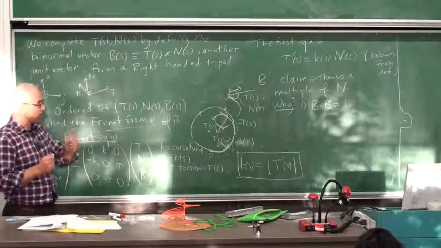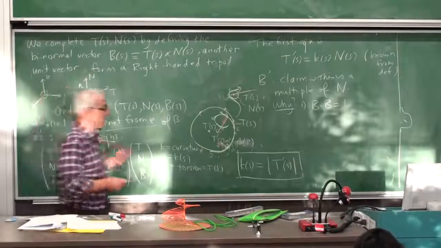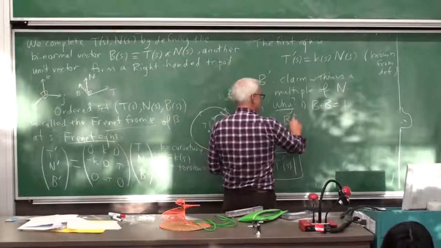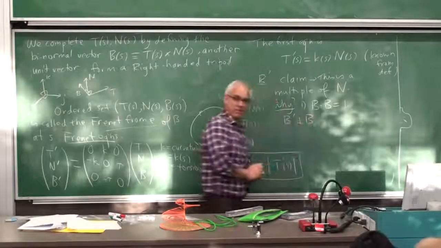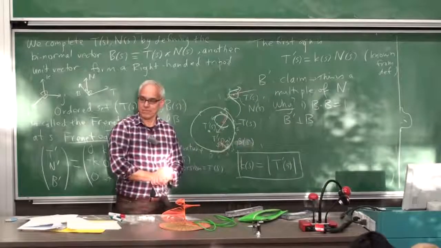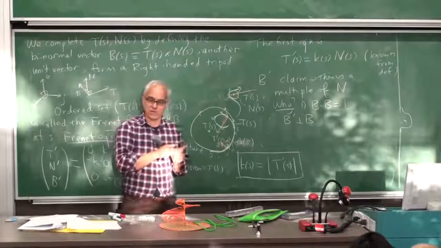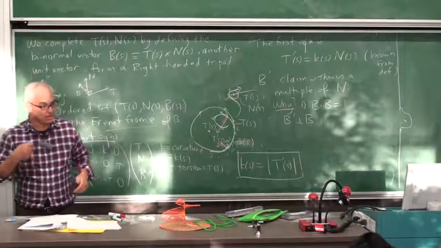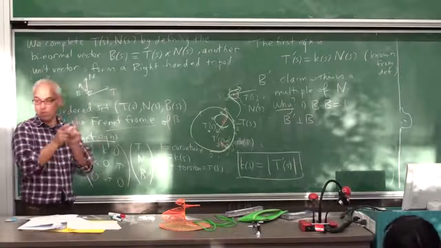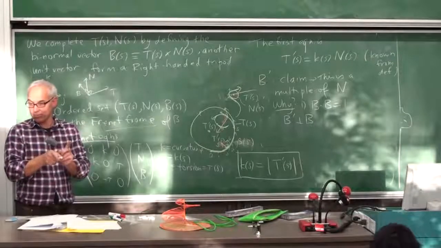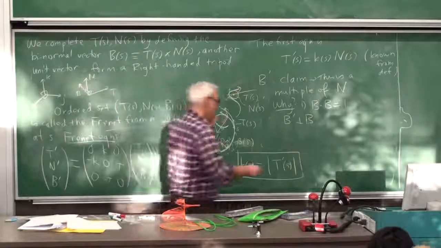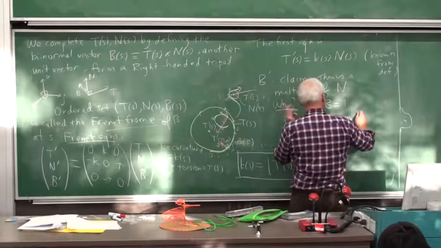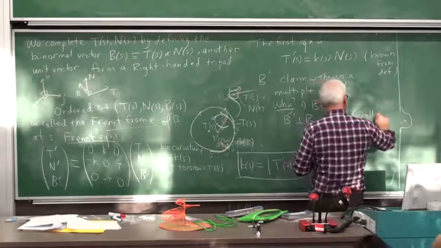So its dot product with itself is constant, and therefore we know from the lemma that we started out with that B prime is perpendicular to B. Whenever a vector had constant length, then when we differentiate it, the derivative is going to be perpendicular to the vector, from our lemma. Actually, I guess it was the corollary of our lemma.